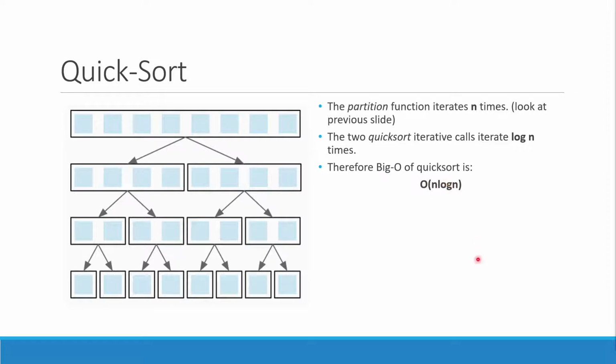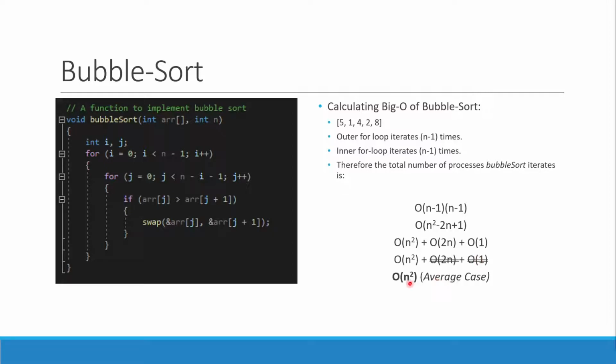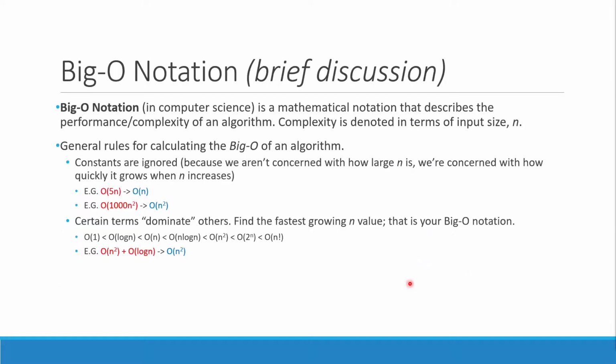n log n. If you wanted to compare this to the bubble sort algorithm, its big O is n squared. And if you actually went back to this chart here, n log n is smaller than n squared.